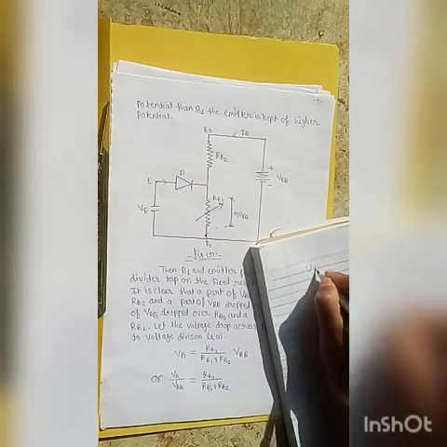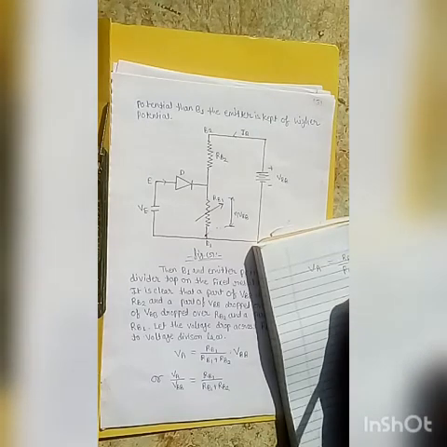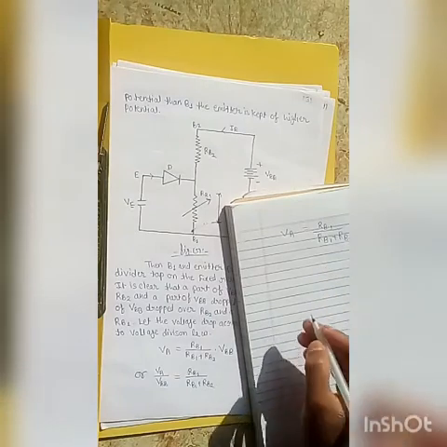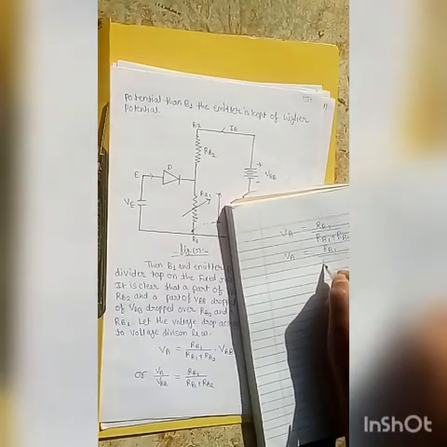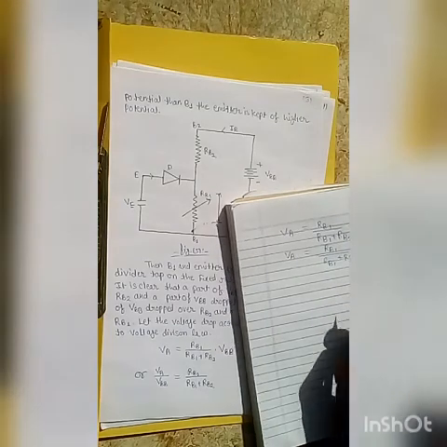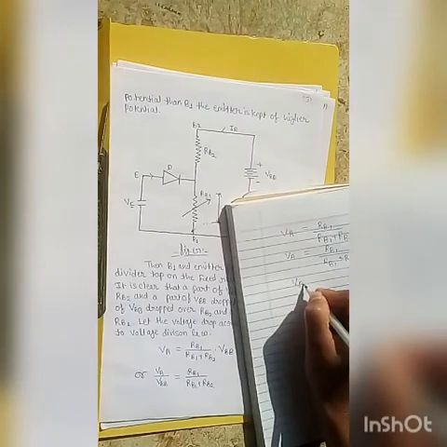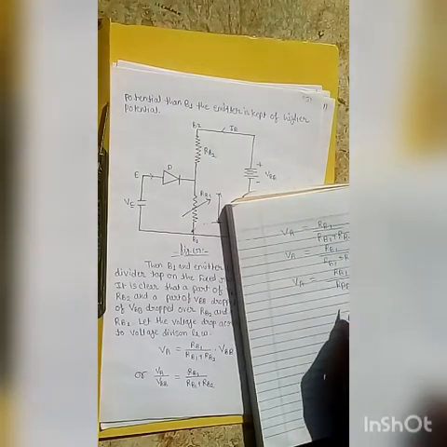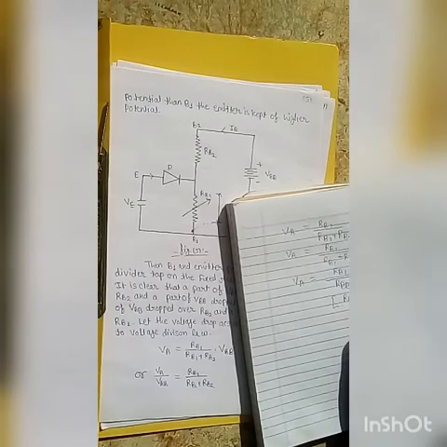Here VA is equal to RB1 by RB1 plus RB2 into VBB, or VA is equal to RB1 by RBB into VBB, because RBB is equal to RB1 plus RB2.